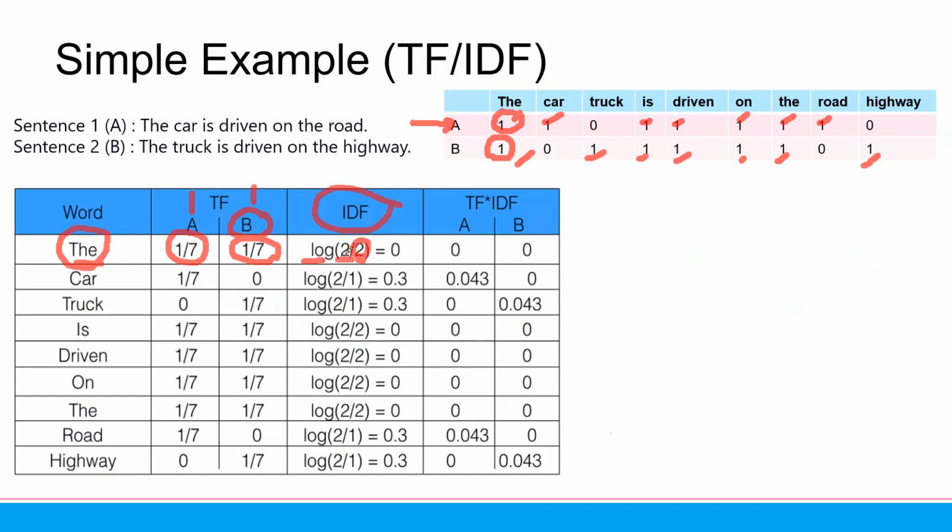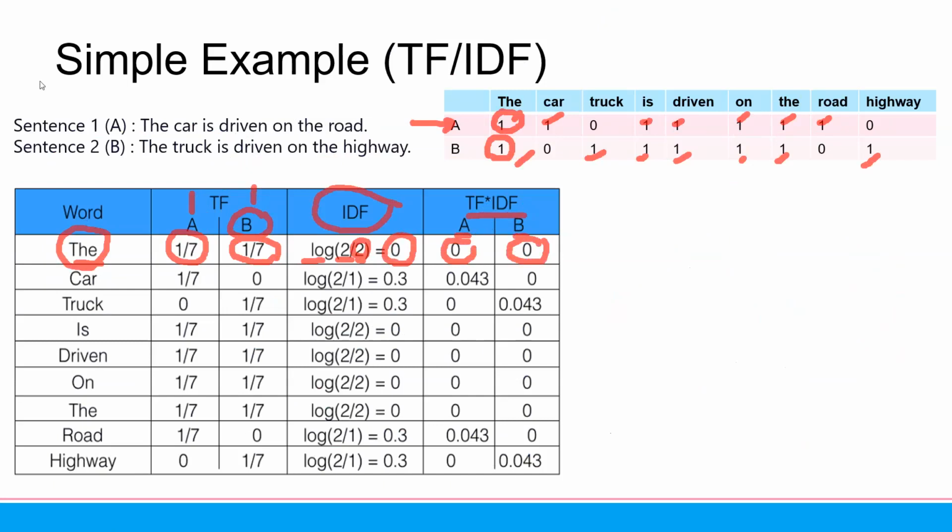So if we have log 2 divided by 2, this is log 1, then it is 0. And the TF-IDF for A is 0, and the TF-IDF for B is 0.